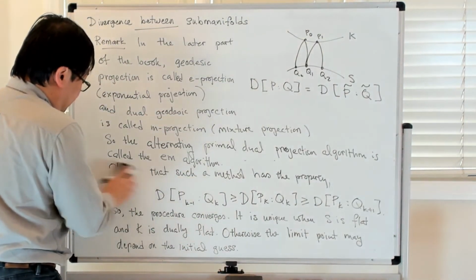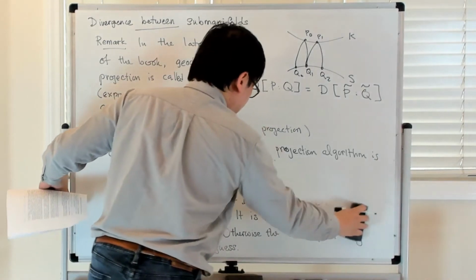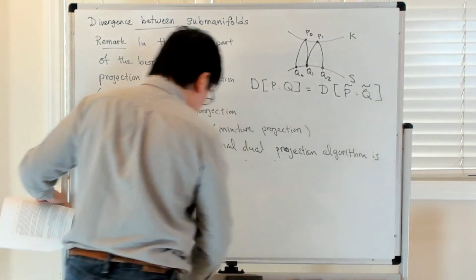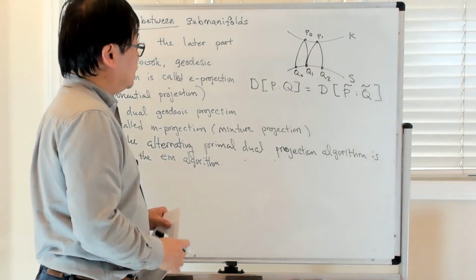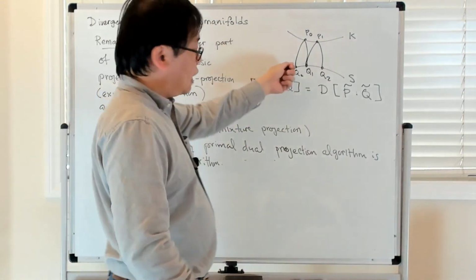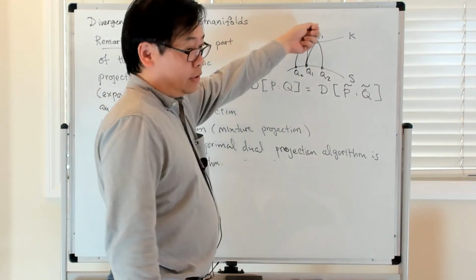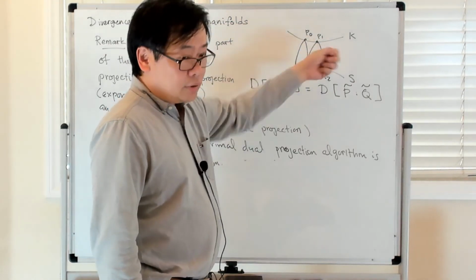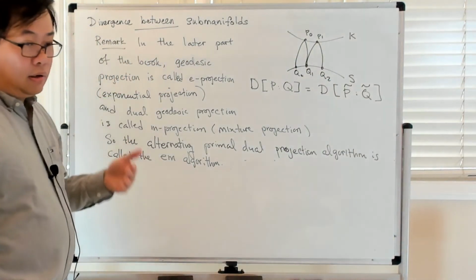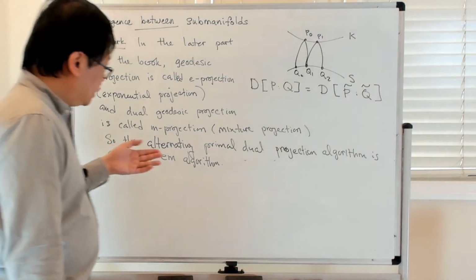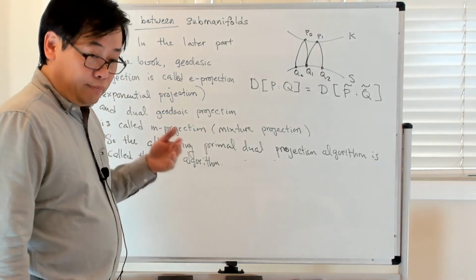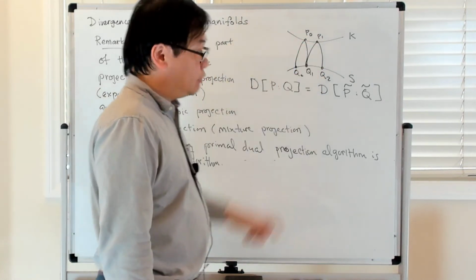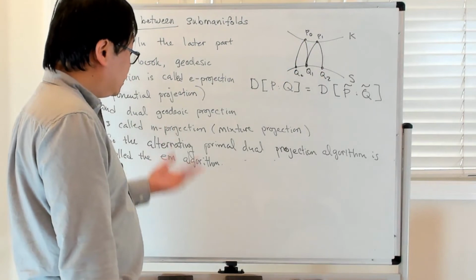All right, and again, the intuition behind this is quite straightforward. It builds upon what we've discussed in terms of projections of a point onto a submanifold. So again, you start with an initial point on one of the manifolds, you do a projection onto the other one. With that point, you project back onto the first manifold, and you keep doing this. And because of this monotonically non-increasing property of this sequence of pairs, in terms of the divergence, the method is going to converge.